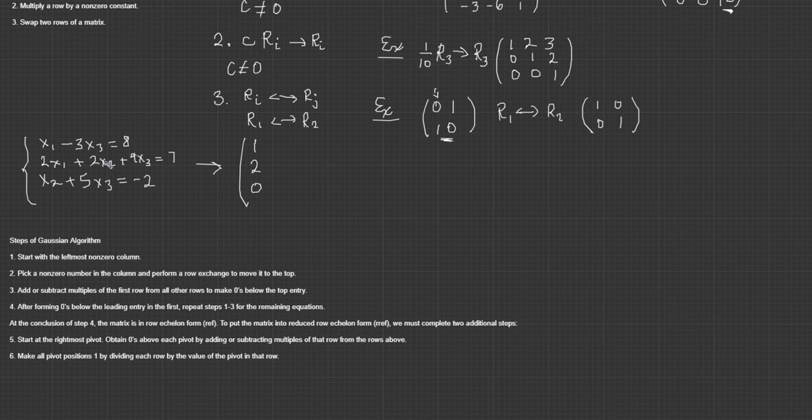Next, we do the same thing with the coefficients for x2, which are 0, 2, 1. And then lastly, we fill in the coefficients of x3, which in this case are -3, 9, and 5.